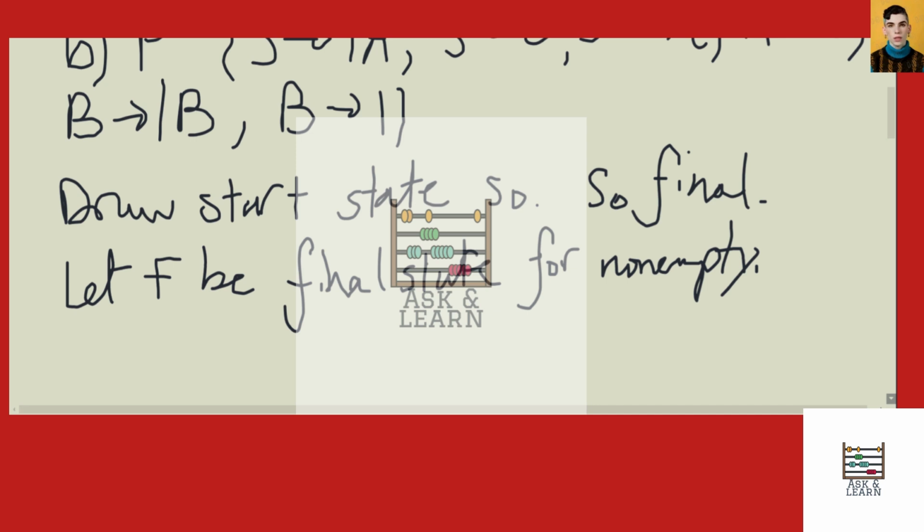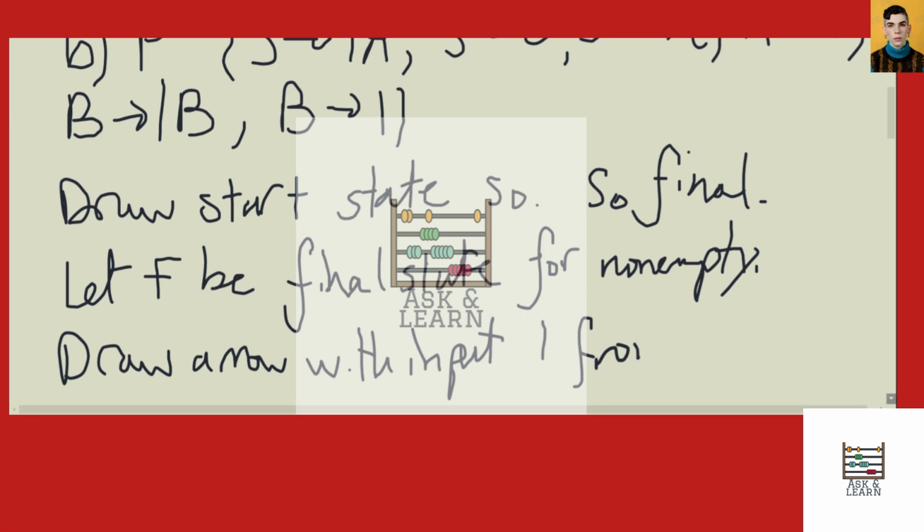Draw an arrow with input 1 from S0 to SA. SA represents the state corresponding to A, and this represents the production that S can be replaced by 1A.